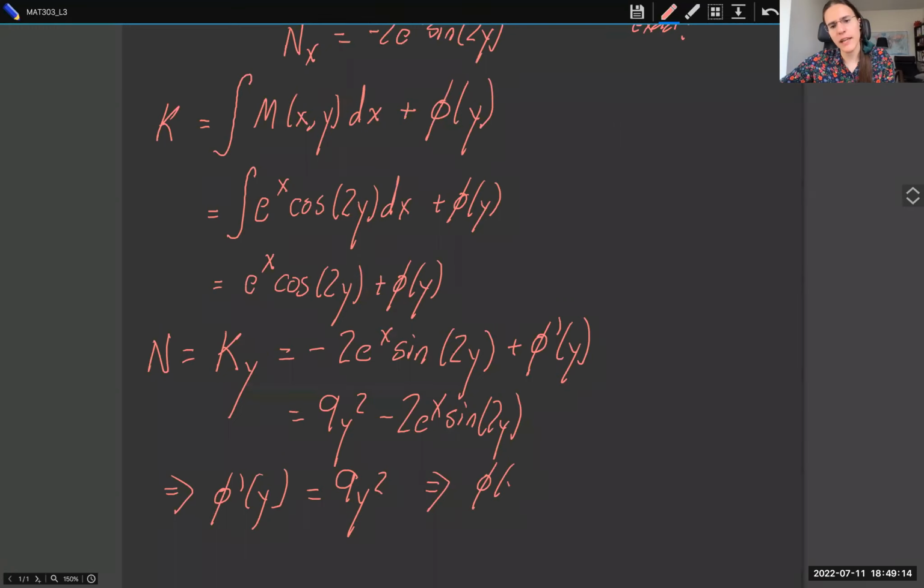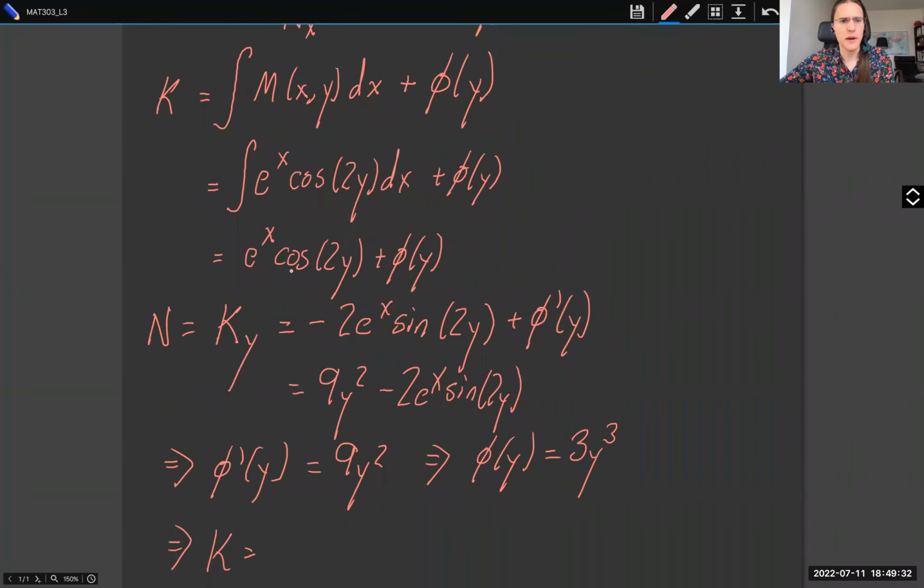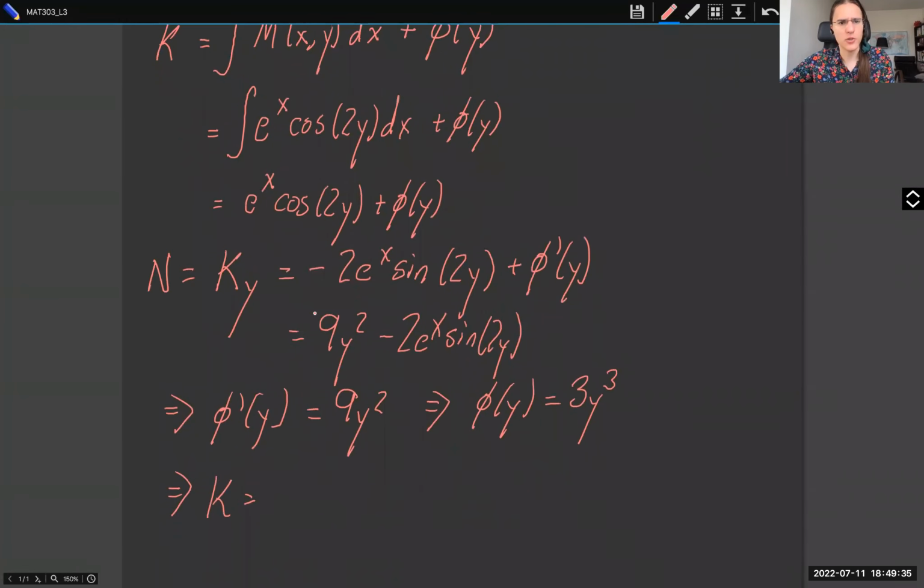So phi of y is equal to 3y cubed. Good. And that tells us that K is going to be this expression, e to the x cos 2y, plus phi of y, which is 3y cubed.